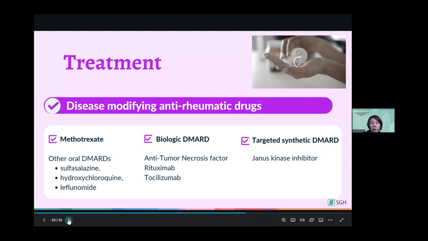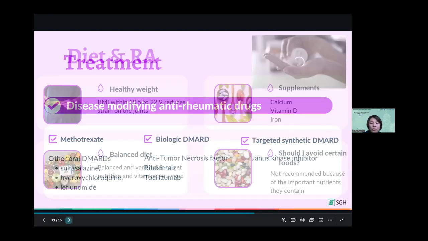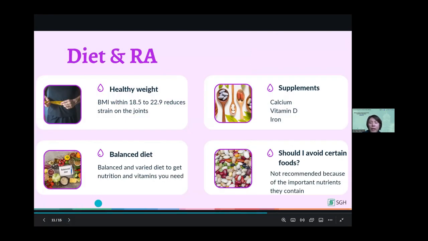So next on, we will look at the role of diet in caring for people with rheumatoid arthritis. It is important to maintain a healthy weight of a BMI within 18.5 to 22.9 to reduce the strain on the joints.